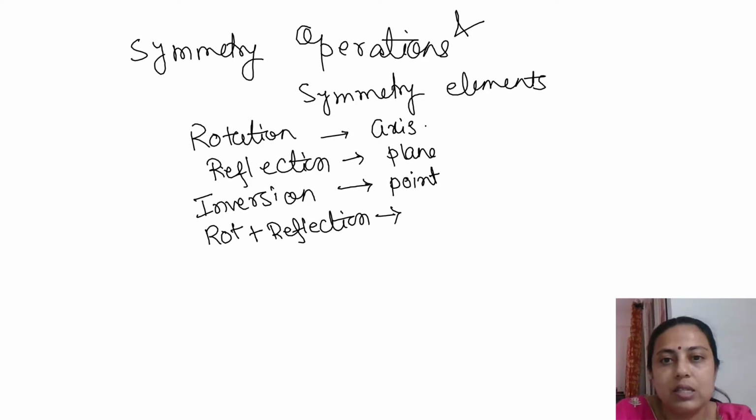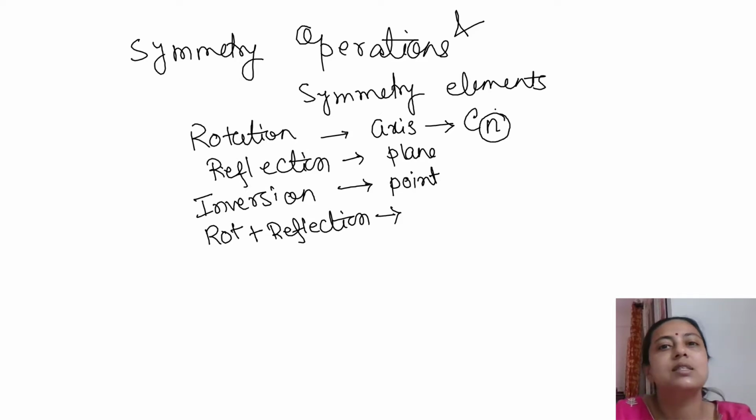The axis which produces the rotational symmetry operation is denoted by Cn, where n stands for the number through which the rotation should take place.